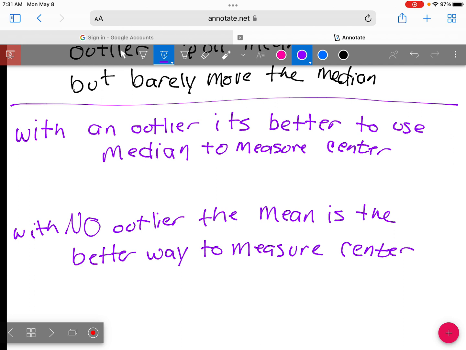And then we're going to flip to the next page, and we get another new word, and I will tell you what it means, and we will never, ever, ever calculate it, unless you choose to do AP Stats, because the formula for it is gross.